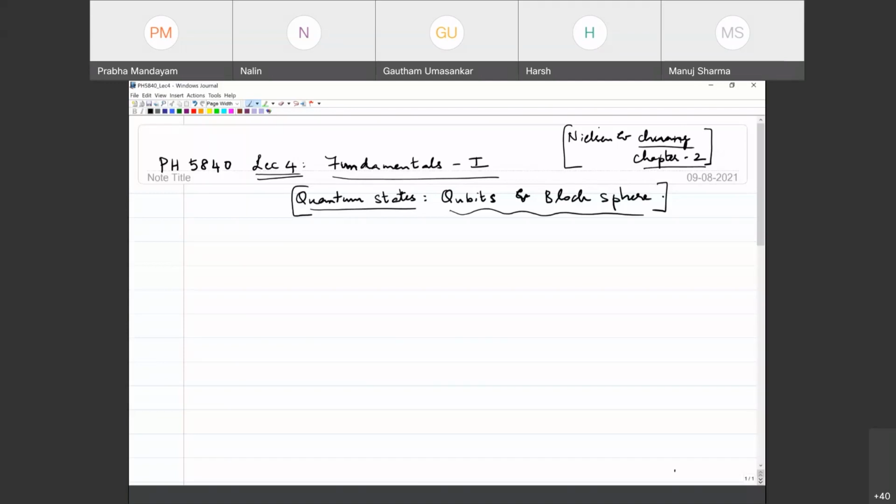Okay, so when I defined the qubit, I sort of introduced it in two ways. I said that it is an object that belongs to a two-dimensional linear vector space. Okay, so it's a vector in a vector space, and in particular a complex linear vector space.